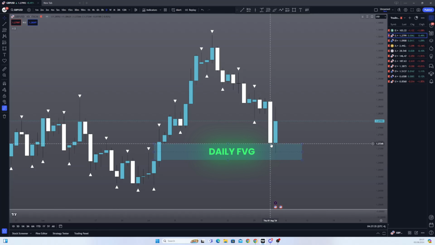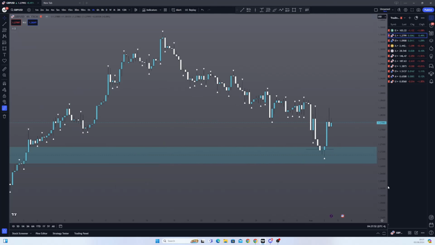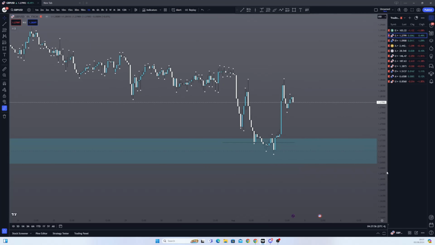We got here late in the day on Thursday, so Friday morning I'm thinking we could get a deeper move into this daily fair value gap, as I always like to trade off the 50% of it. When we get to the 50% of it during certain times, like London Open, it's always a good time to look for entries.